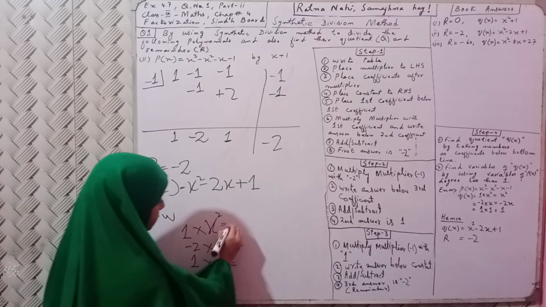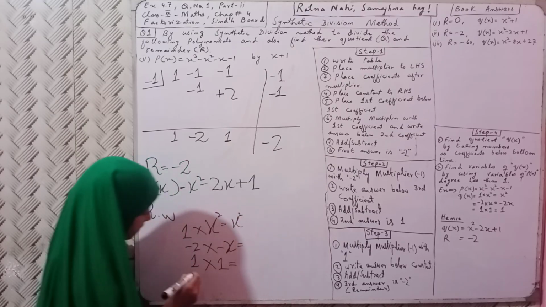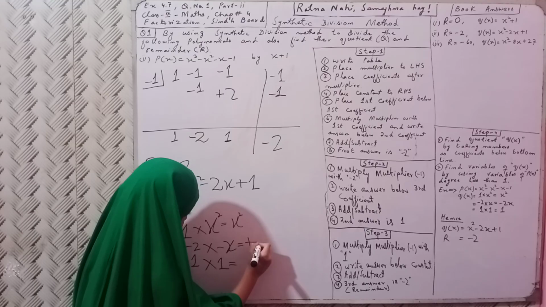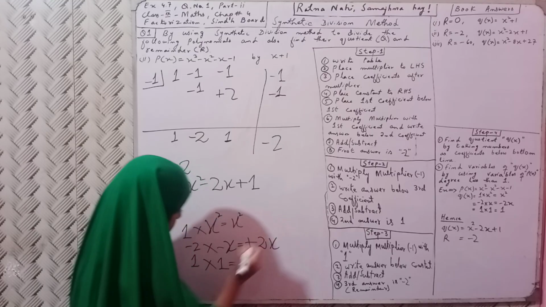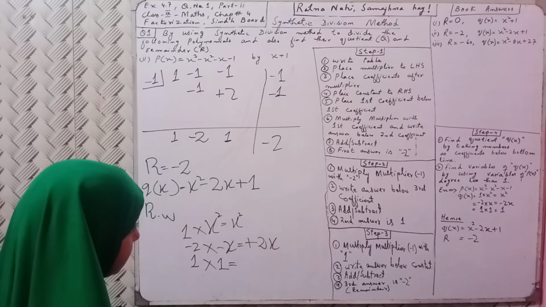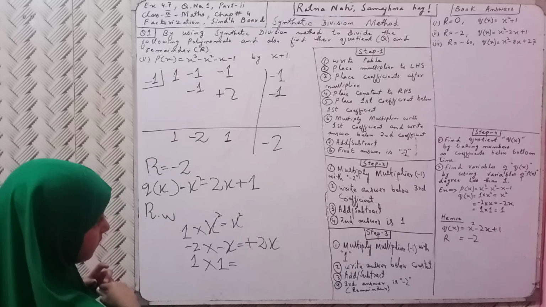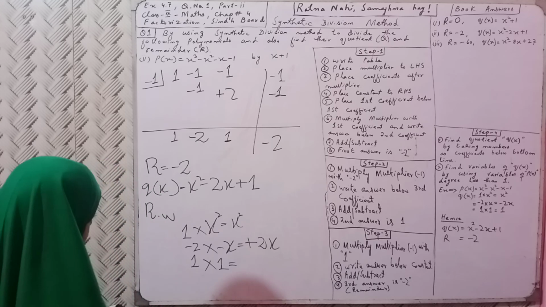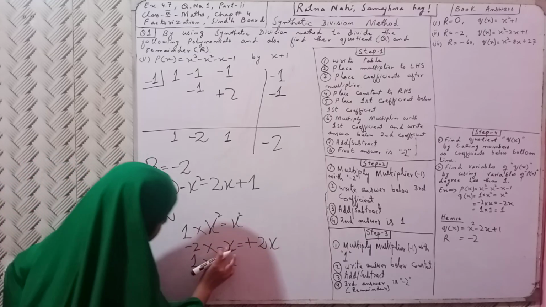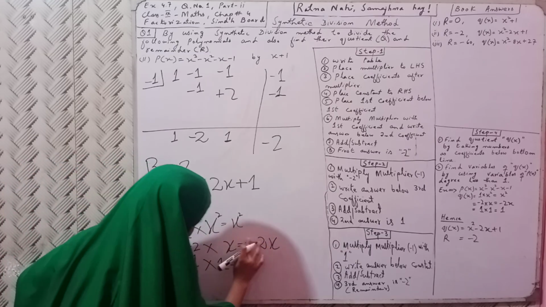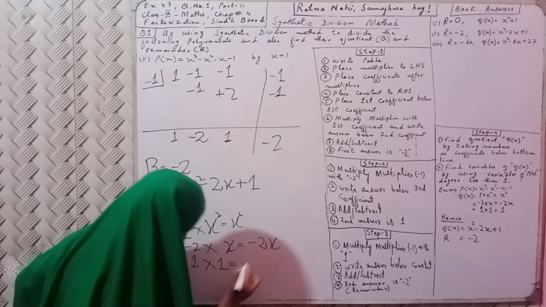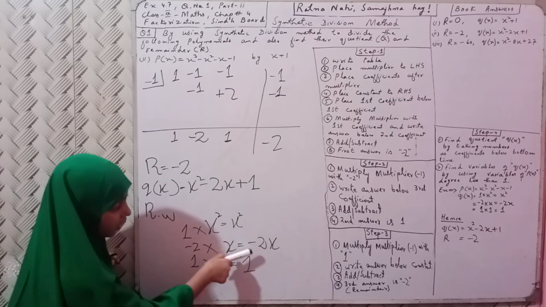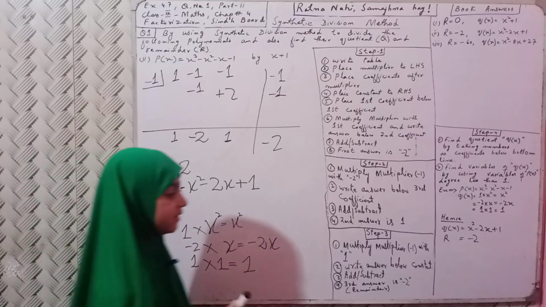Now plus x square, then here will come minus 2x, and 1 multiplied by 1. So here comes x square minus 2x plus 1.